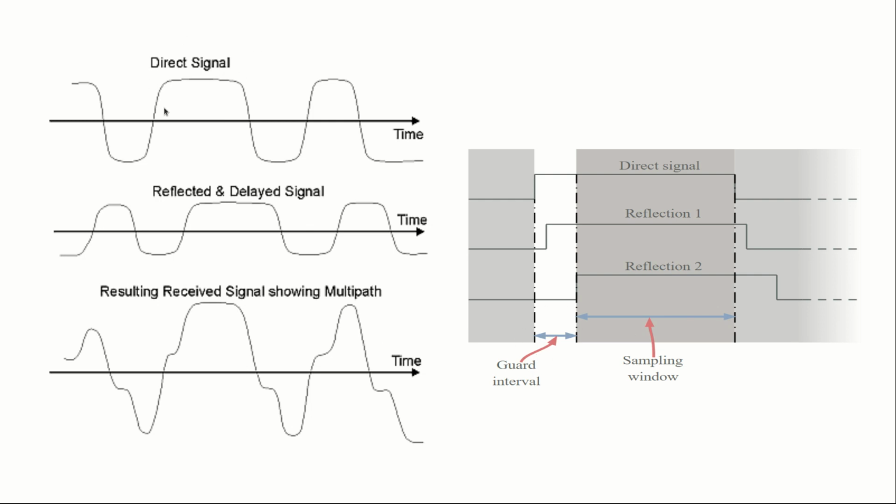This is what we are transmitting from the base station, and this is what we are receiving at the receiver. So how will the receiver decode the data properly? To overcome these problems, cyclic prefix comes into the picture.